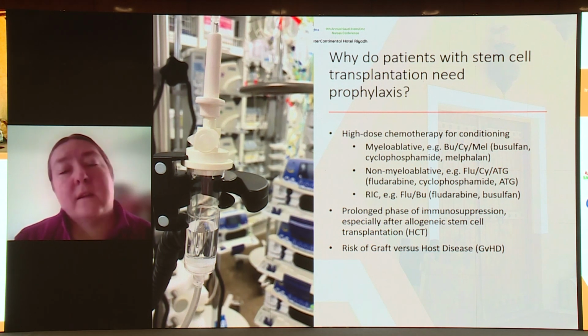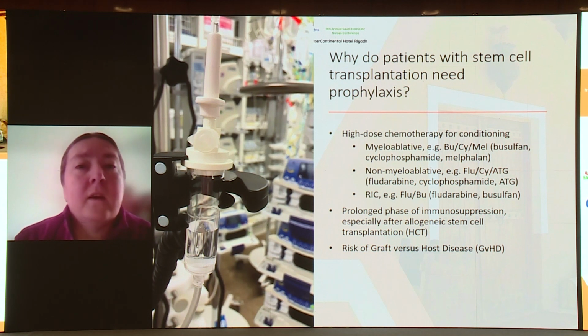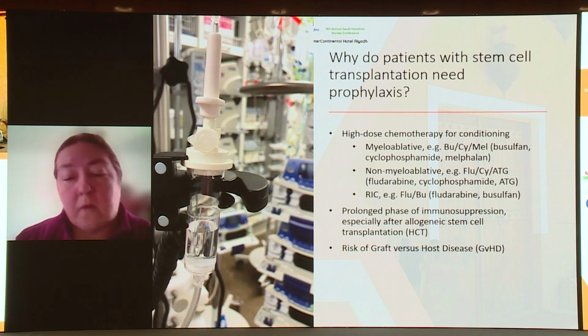The third version is a reduced intensity chemotherapy for patients who are at high risk for developing complications, and they get, for example, a combination of fludarabine and busulfan. But what is really important is that these patients have a prolonged phase of immunosuppression, especially after allogeneic stem cell transplantation. And of course, these patients have a risk of graft versus host disease. So we have to look in more detail at these patients and see what we can do for them.